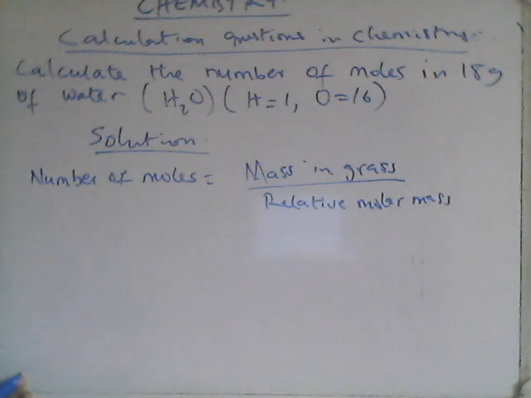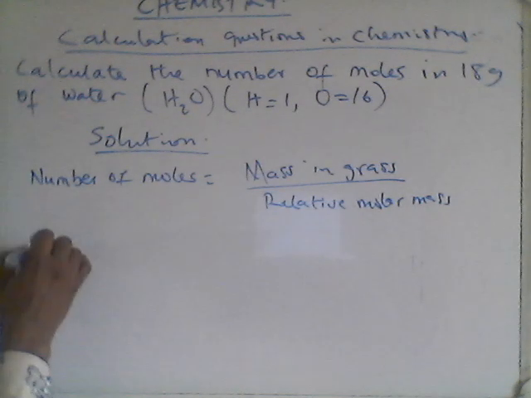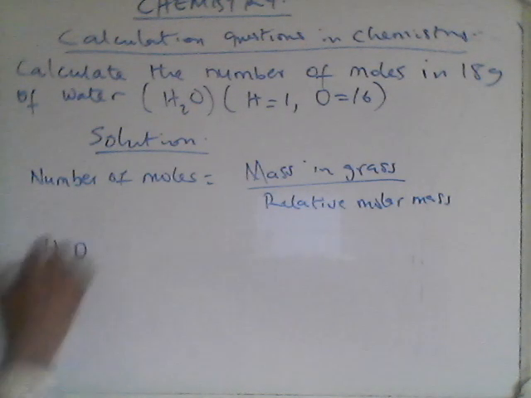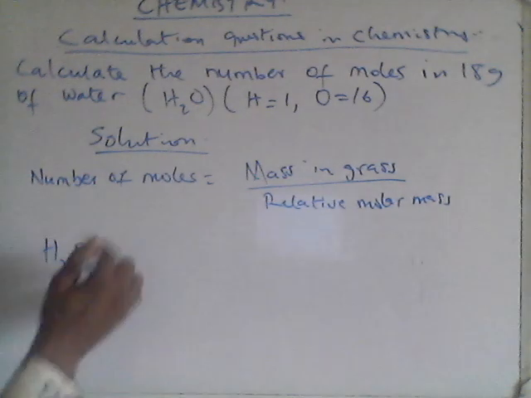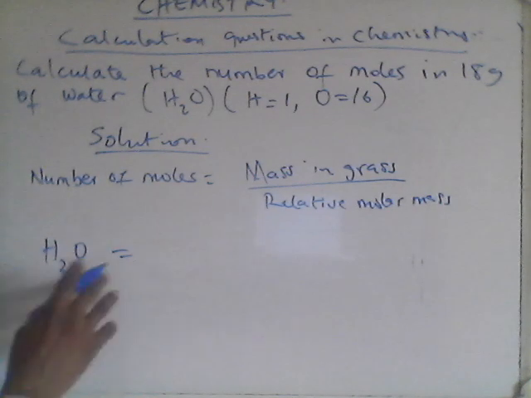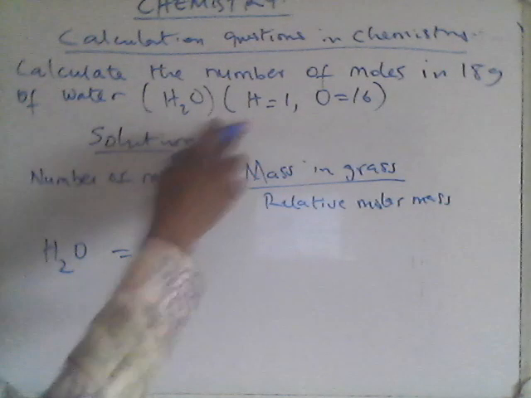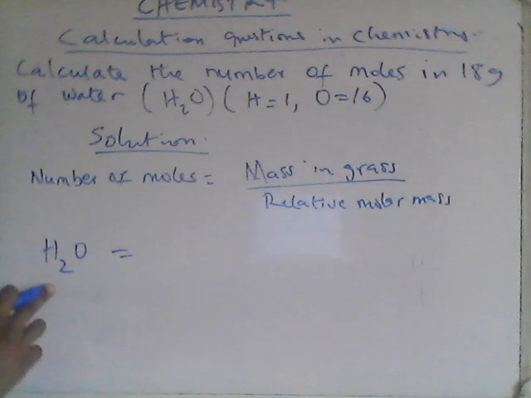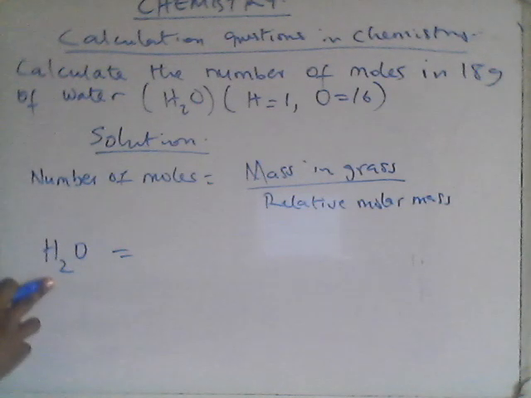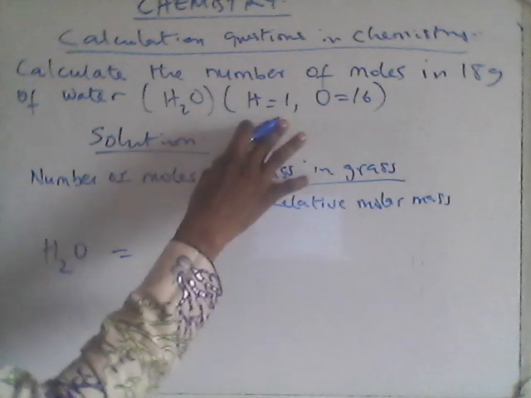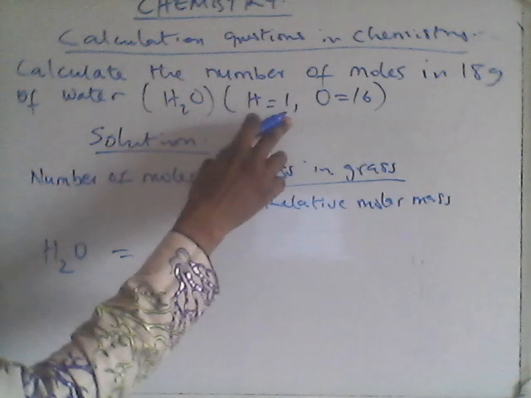So for water, this is the chemical formula. We need to find the relative molar mass. It is given by adding the individual molar masses of the elements that form the compound. So we start from hydrogen. Hydrogen has two atoms here, and the molar mass of hydrogen is 1.